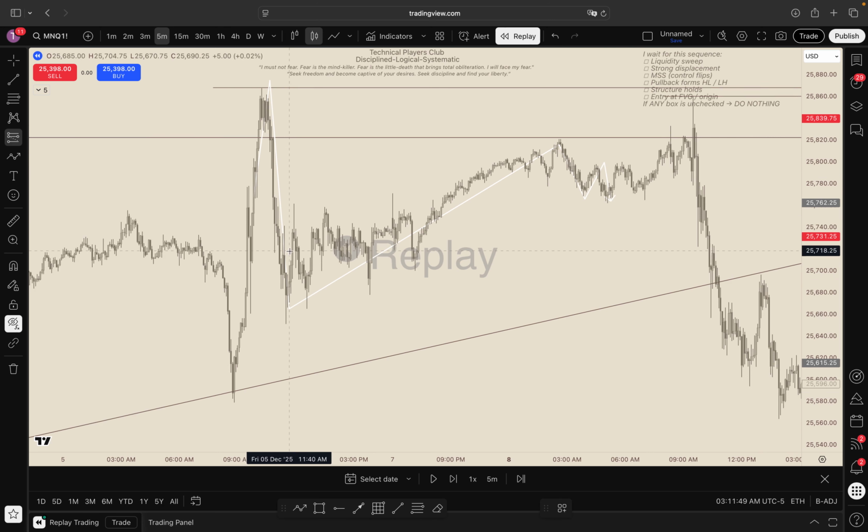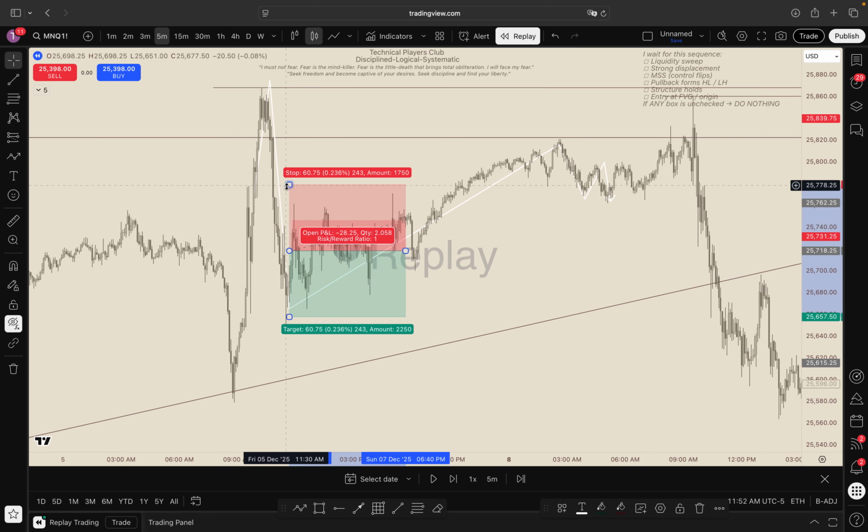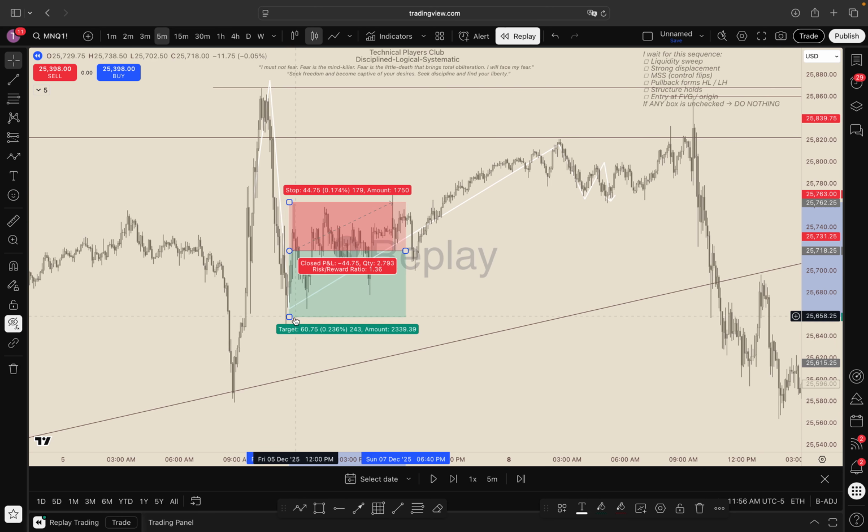That's not enough for me because why is that not enough for me? Because things like this happen. And you thought you were in a good position off of market structure, but you're not accounting for liquidity.